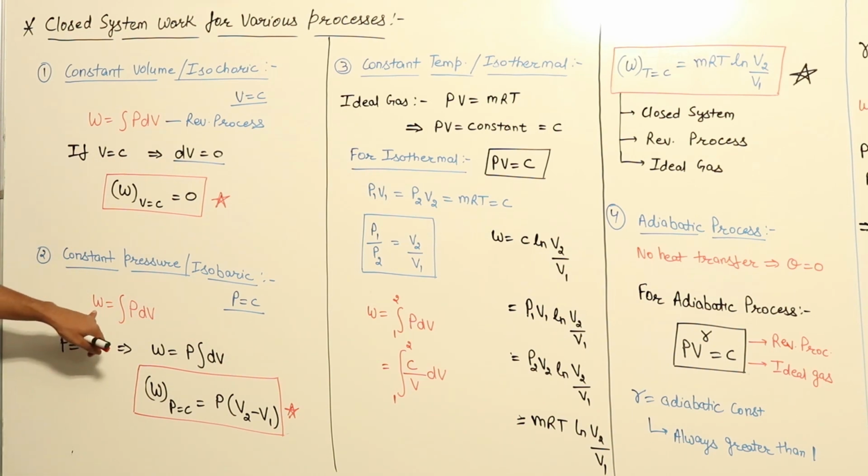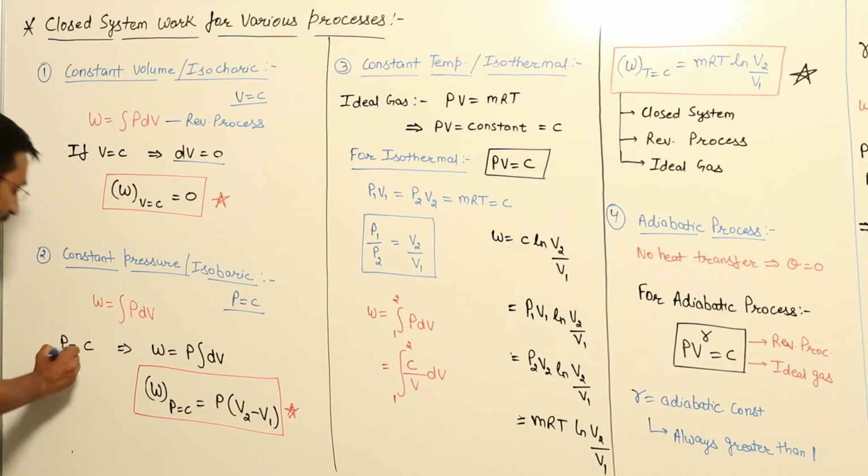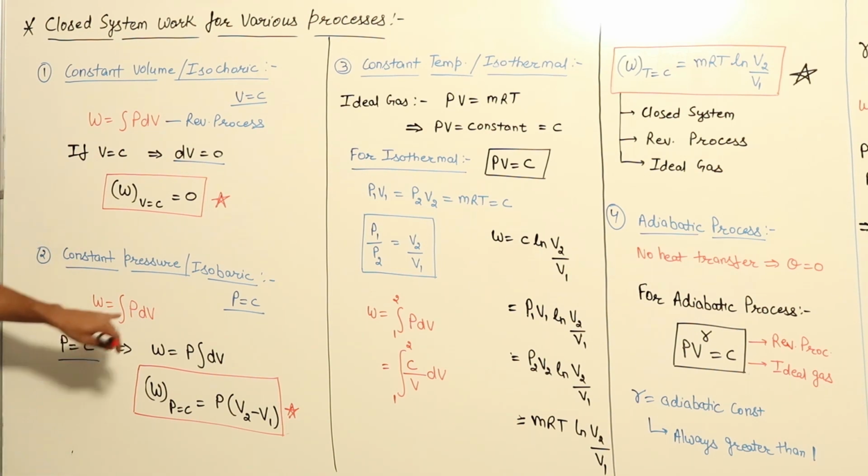As we know, work done is equal to integration PdV, which is applicable for a closed system reversible process. If our pressure is constant, we take the pressure outside the integration because it is a constant value.